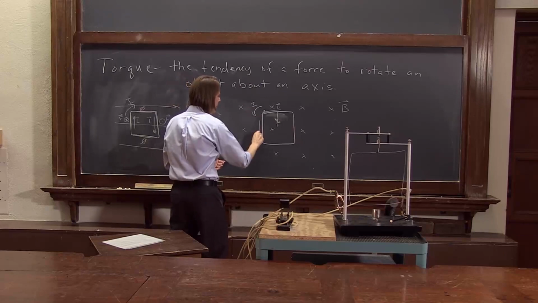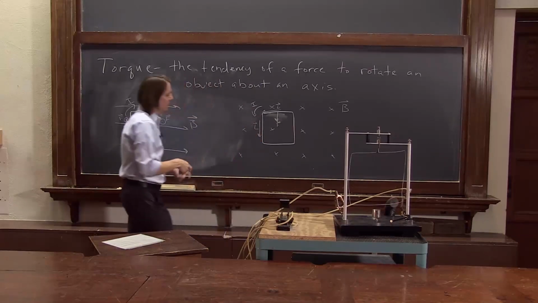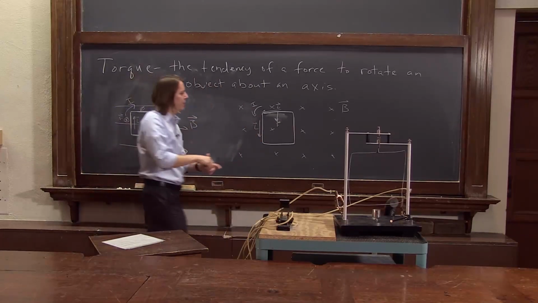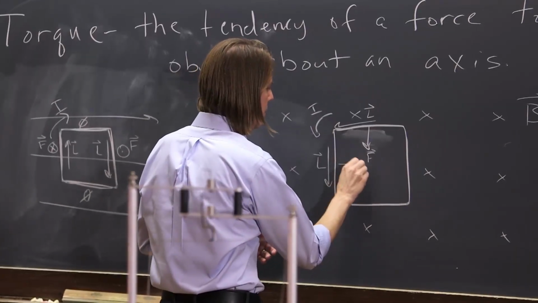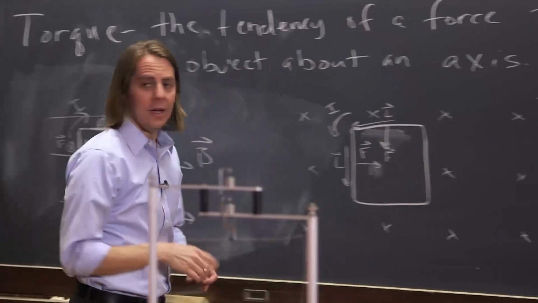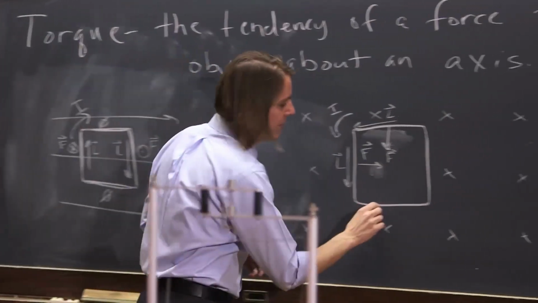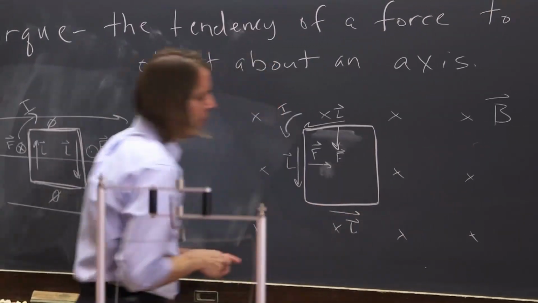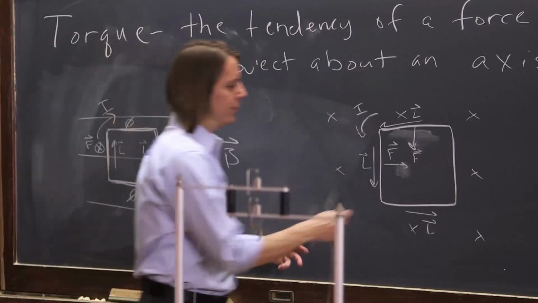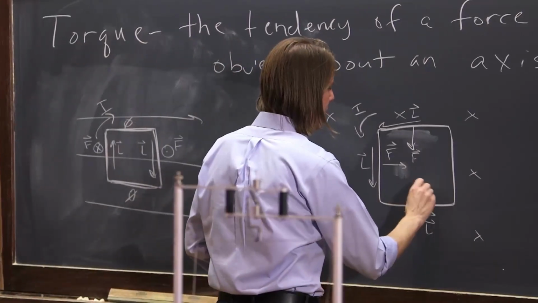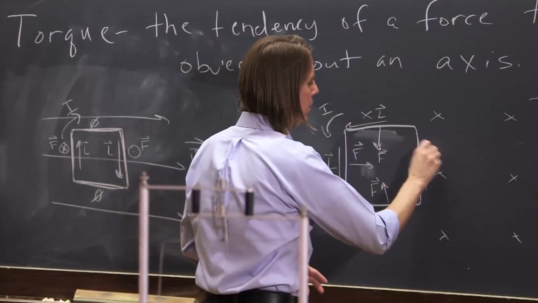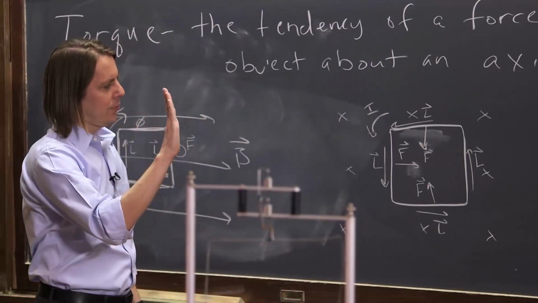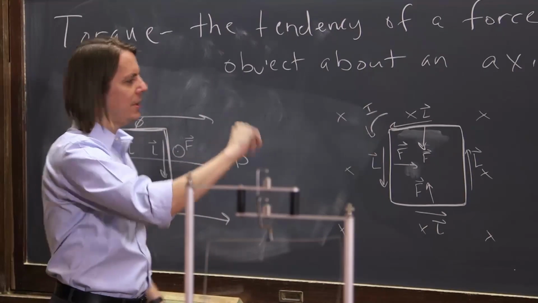And then here, L is down. So L cross B, oh, the force is in. And then on the bottom section, L is now that way. L cross B, the force is up on that section. And maybe you can see the pattern emerging. Now L is up. For L cross B, the force is in.